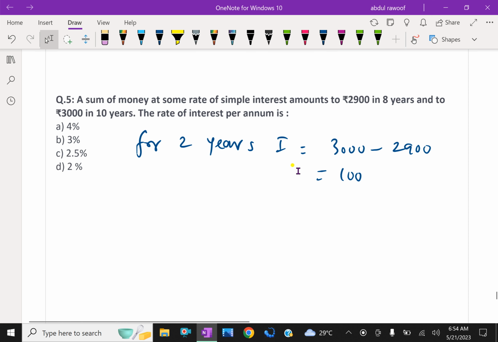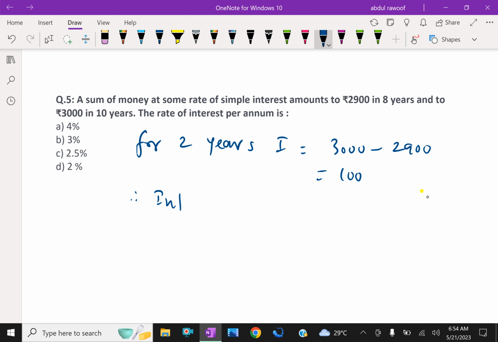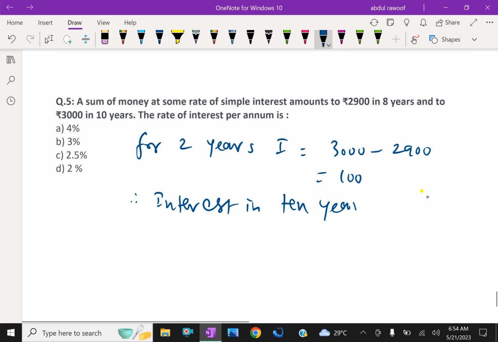Here, 100. Then interest in 10 years: interest in 2 years is 100, interest in 10 years is 500.